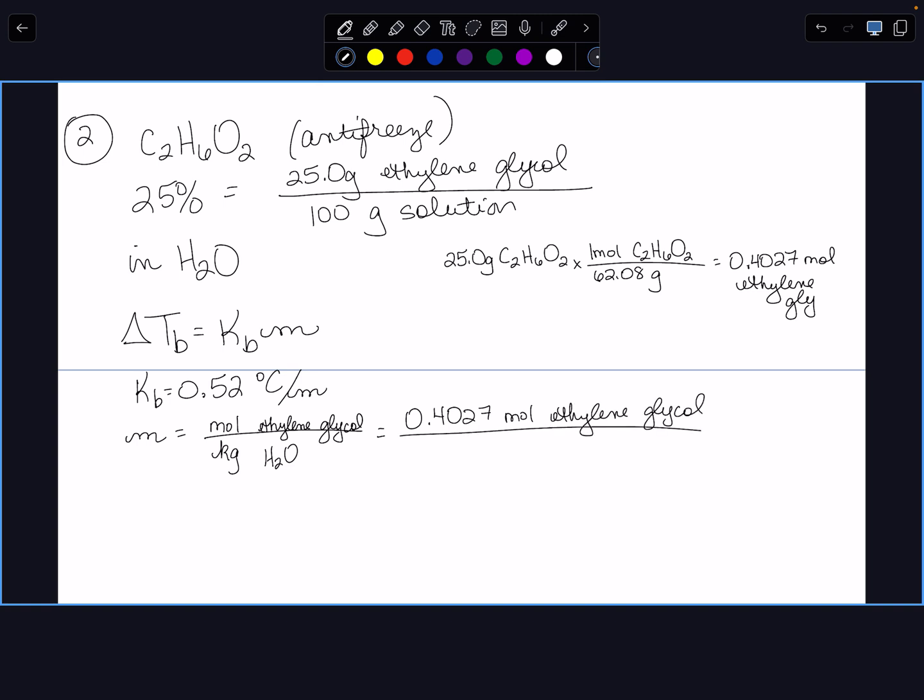It's got to be over kilograms of water. How much water do I have in this 25% solution? 75 grams. You have 100 grams of solution, 25 of ethylene glycol, so 75 is water. How many kilograms is that? 0.075 kilograms of water.